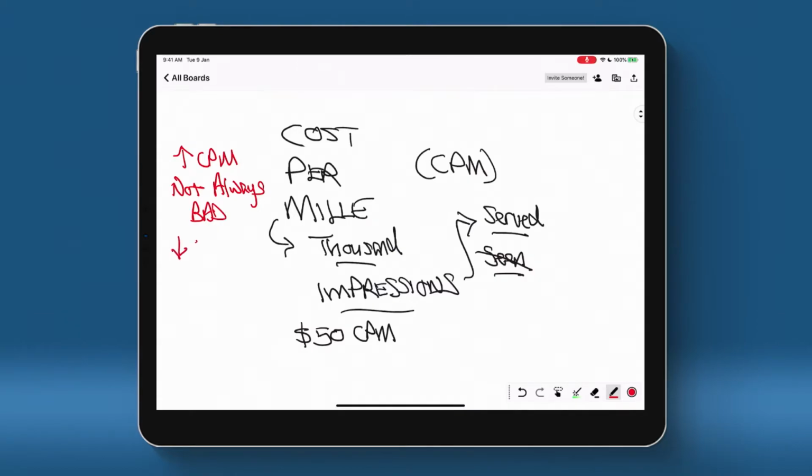Low CPM is not always good. So what do I mean by this? A high CPM is not always bad. A low CPM is not always good.